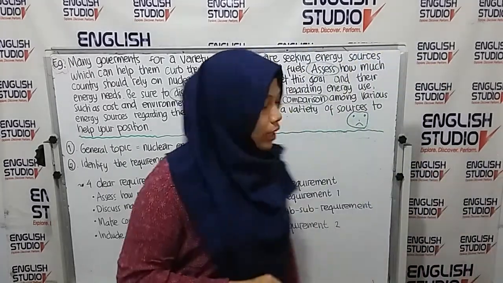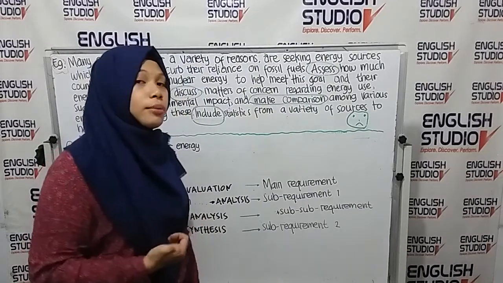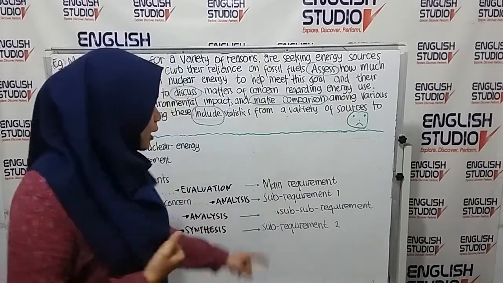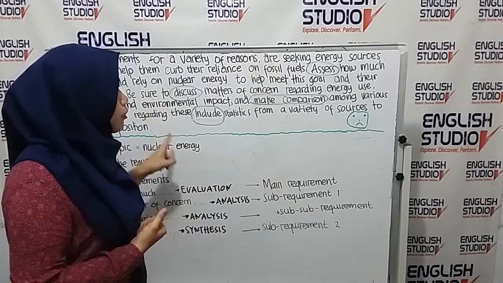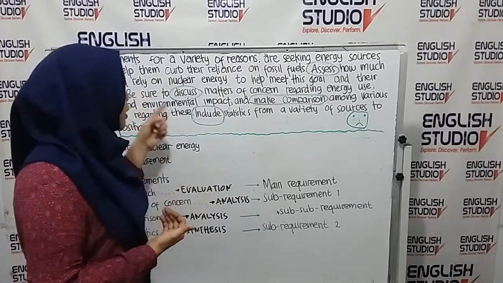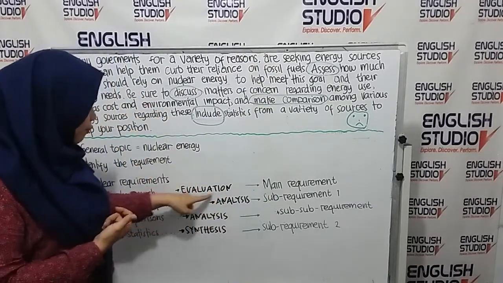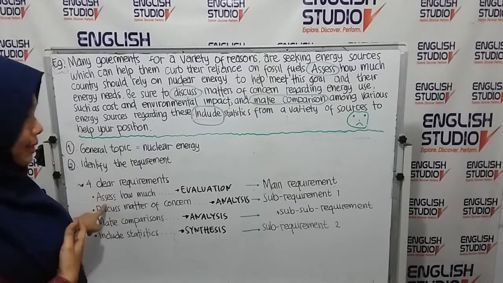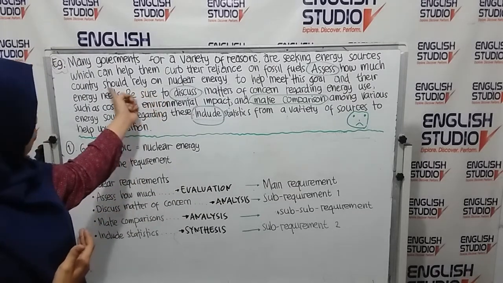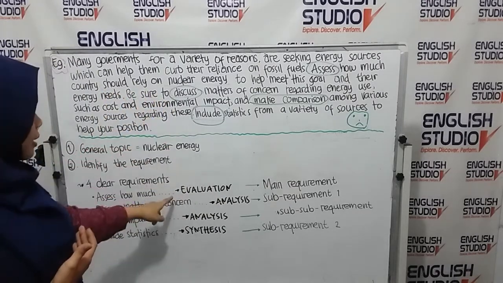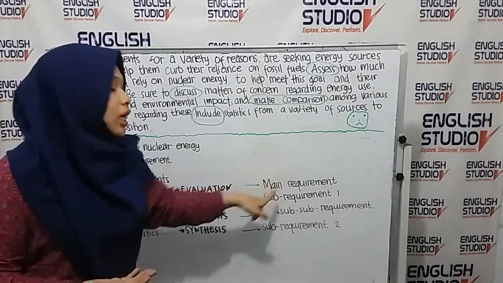The last step, look for the main requirement and sub requirements. Because this is about evaluation, how to evaluate the use of nuclear energy, we find assess how much a country should rely on nuclear energy as the main requirement.